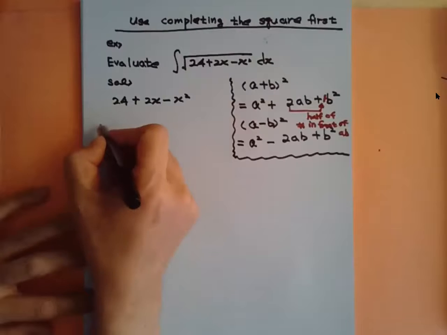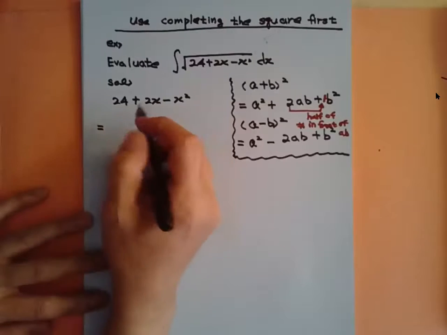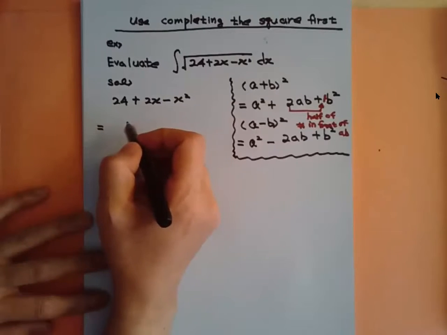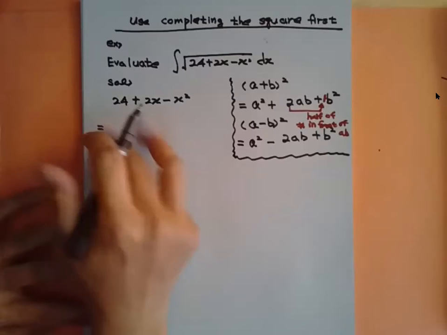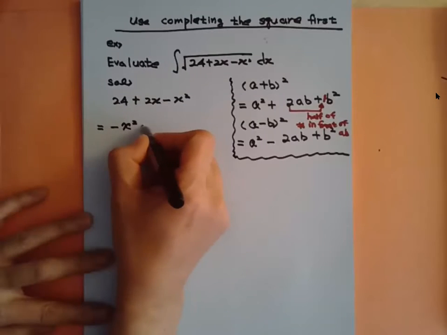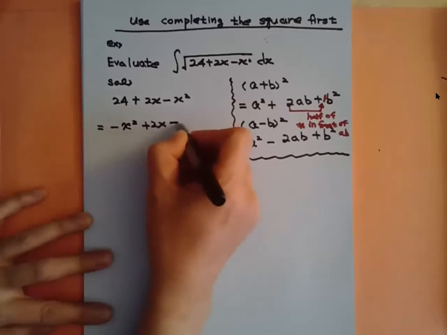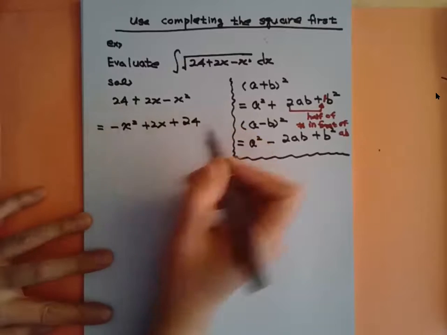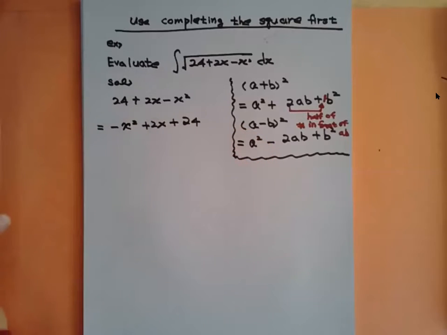So what we want to do is modify it a little bit. Let's reverse the order, and then we can rewrite that as negative x squared plus 2x plus 24. And we don't like minus in front of x squared.